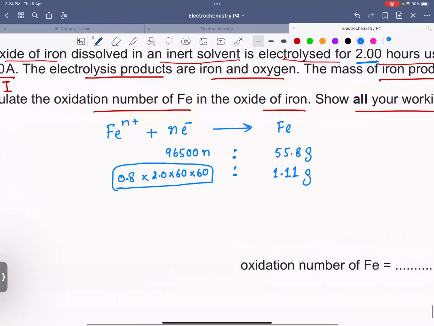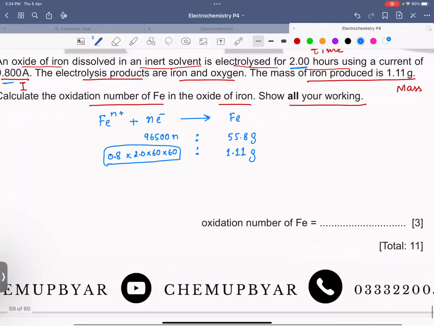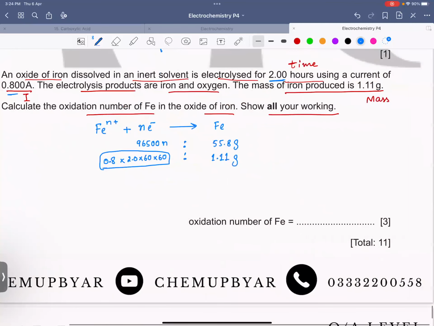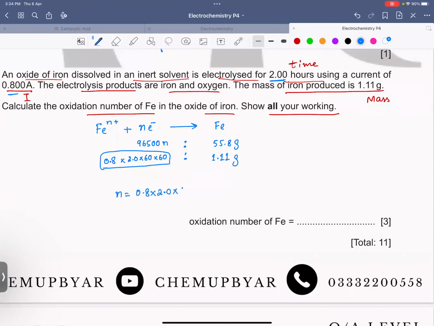So if I make n the subject, it would be 0.8 times 2.0 times 60 times 60 times 55.8 divided by 96500 into 1.11.